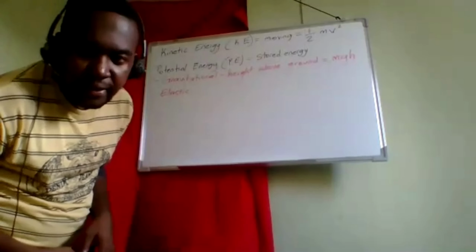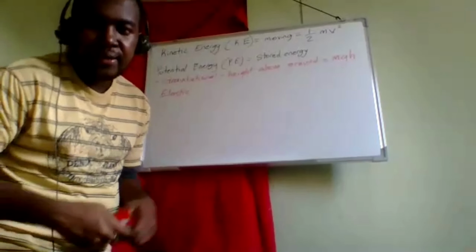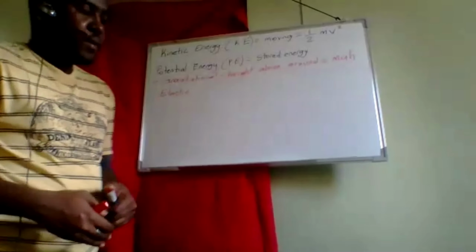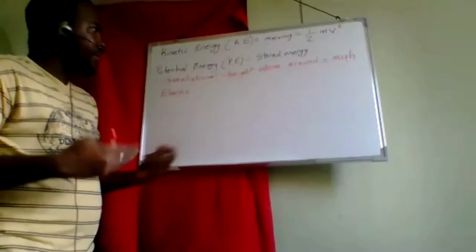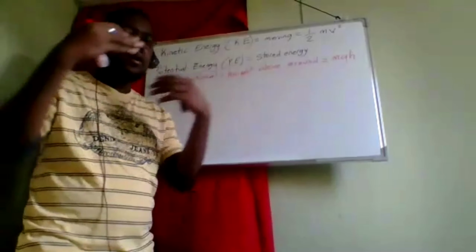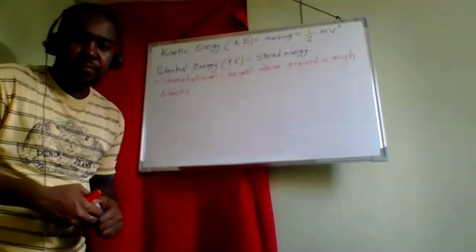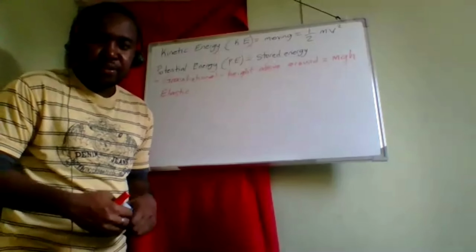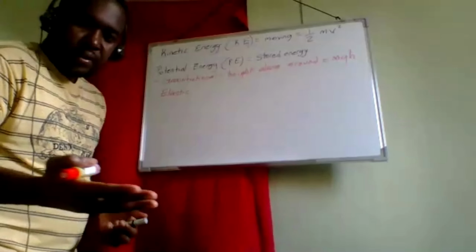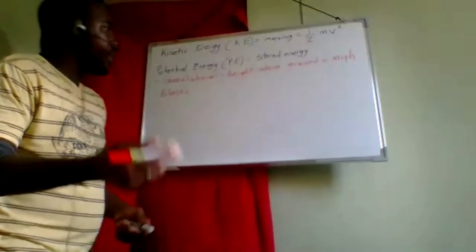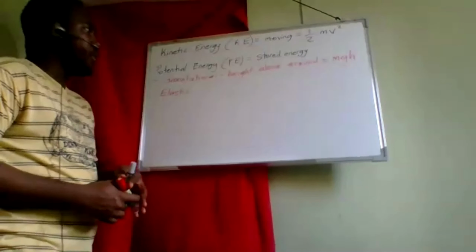Right? Another one is magnetic potential energy. It's the stored energy that magnets have in order to attract or repel other magnets or magnetic materials. And so those are some popular forms of potential energy, right?